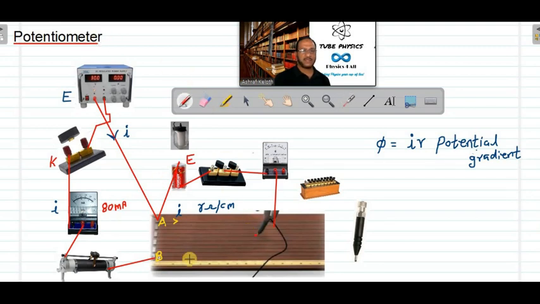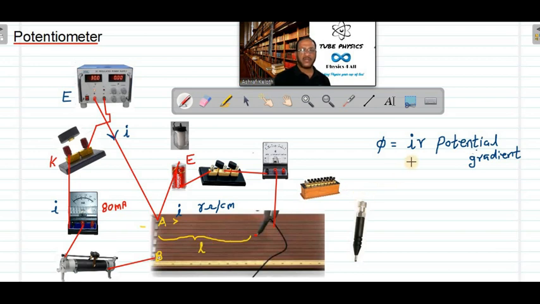Suppose this total balancing length, starting from the point A till here, let it be L. L is the total balancing length, counted from the point A: 1 meters, 2, 3, 4, 5, then the 6th one, this much it is coming.